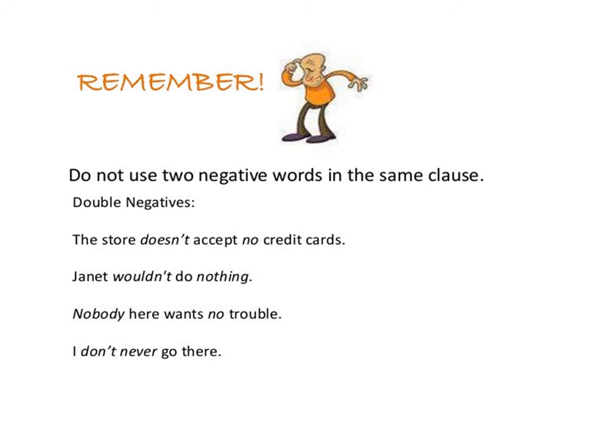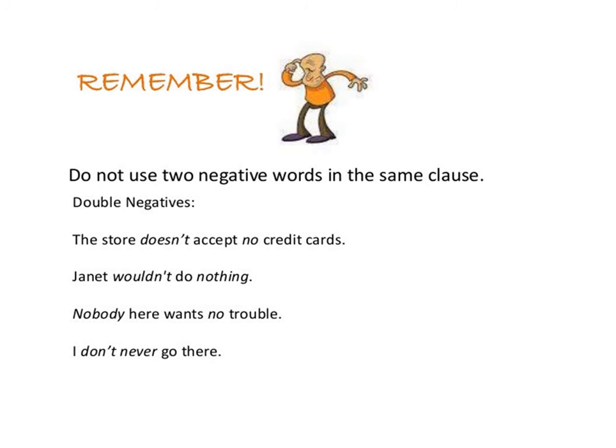Not and no are two negative words. We are not supposed to use them in a sentence together. Janet wouldn't do nothing. Nobody here wants no trouble.